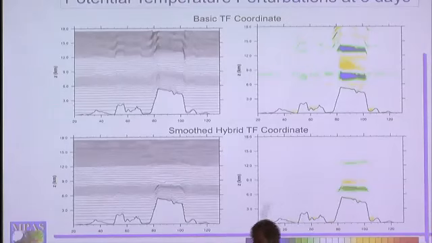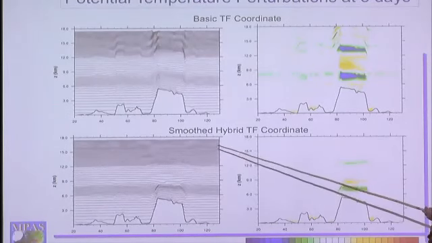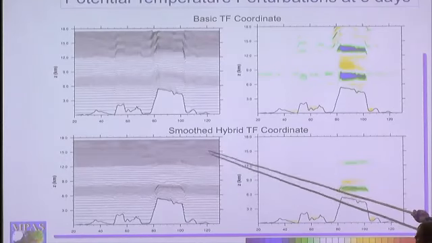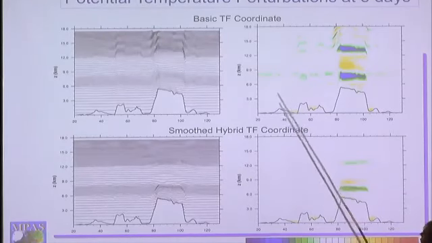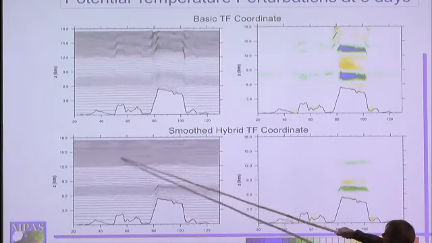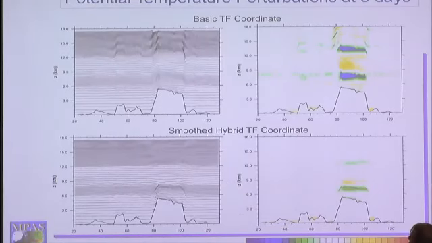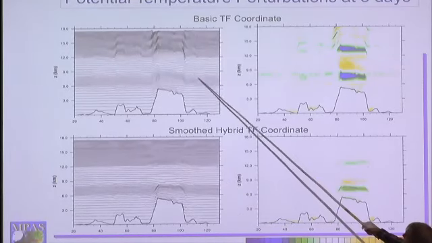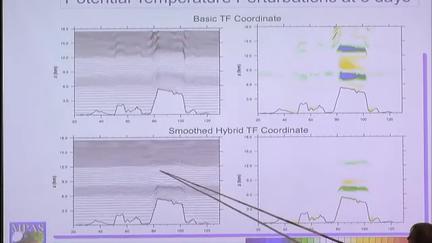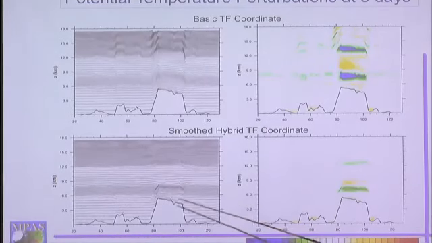So now if we look in the same cross-section, here's that potential temperature field with that inversion between 6 and 8 and then above 12 kilometers. I'm only plotting these up to 18 kilometers so we can see more of what's going on down low. This is with the basic terrain following versus the smooth coordinate.